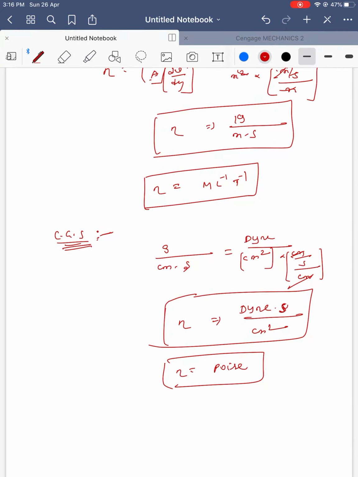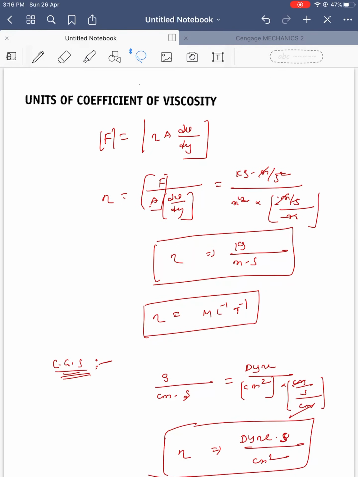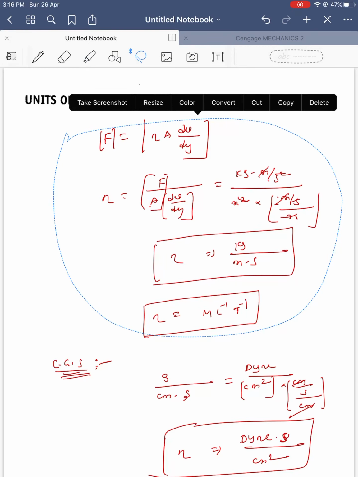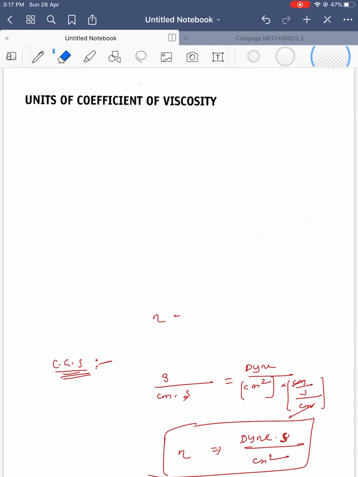What about SI units? I am erasing the CGS part and the dimensional part. Now in SI it is kg by meter second, which is also Newton by meter square into second.